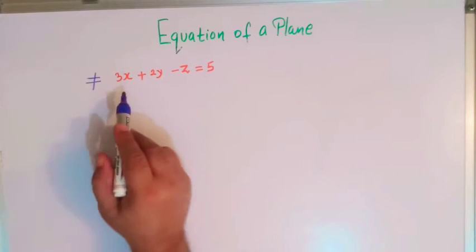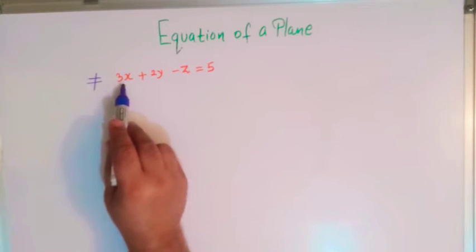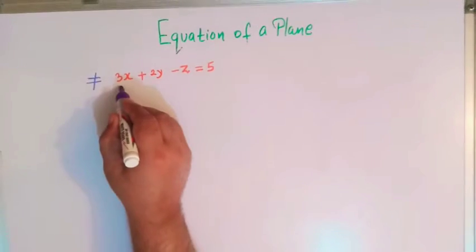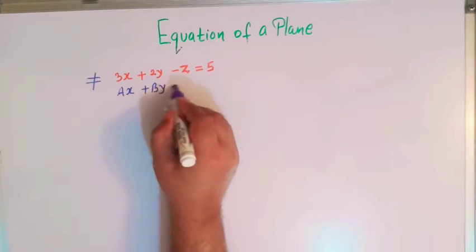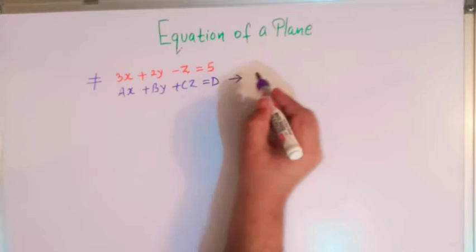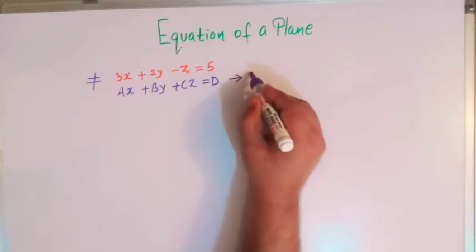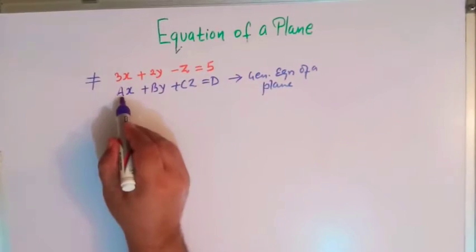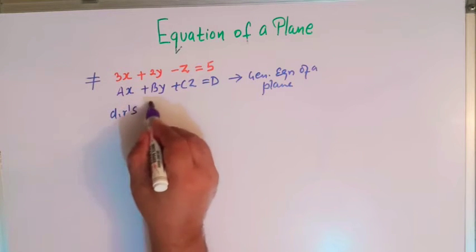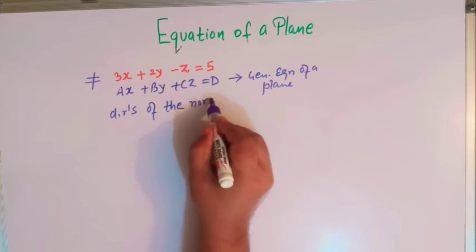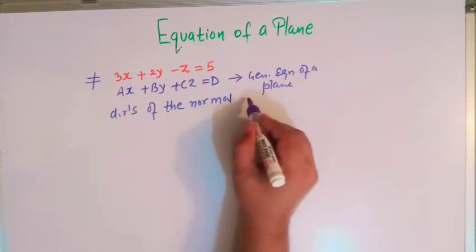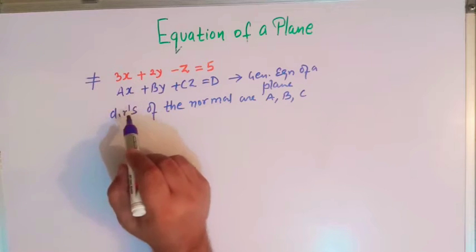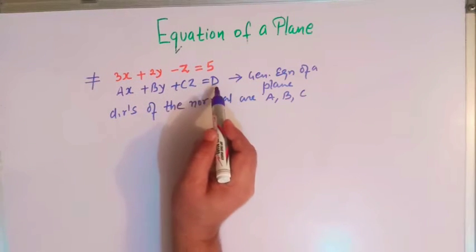Now viewers, let us consider the equation of a plane as 3x plus 2y minus z equal to 5. Now this equation is of the form ax plus by plus cz equal to d, right? So this is the general equation of a plane, and here a, b, c are the direction ratios of the normal to the plane ax plus by plus cz equal to d, right?